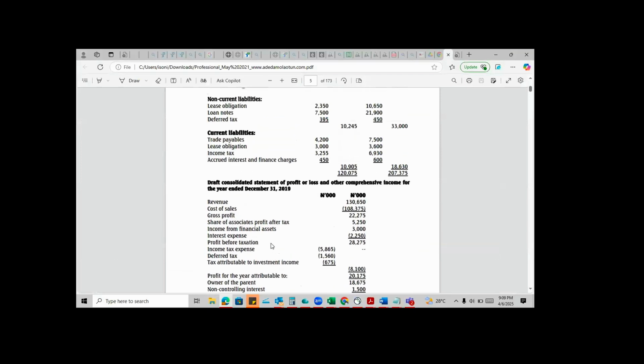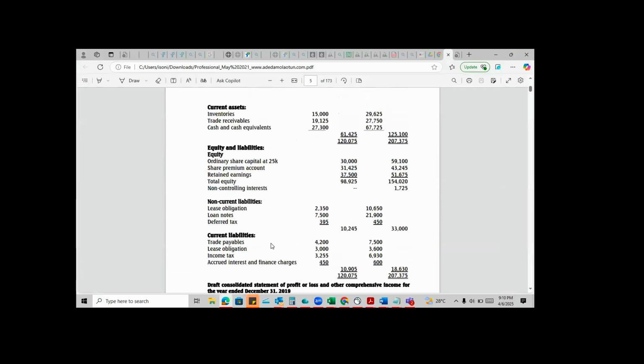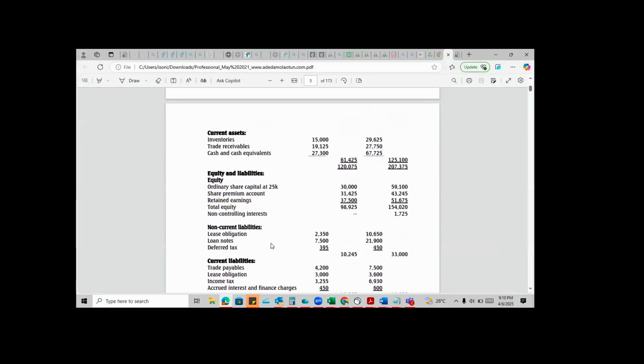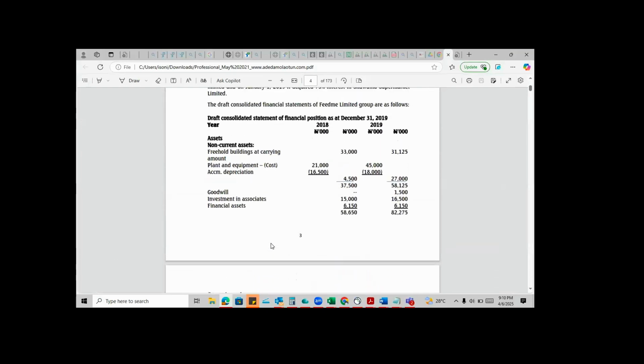Okay. Now, another thing I could have added, I can assume that this lease obligation that you have here is coming as a result of a non-current asset. And then they did not separate that asset when they were explaining my PPE for me. All right. So this asset, I won't just have a lease obligation.